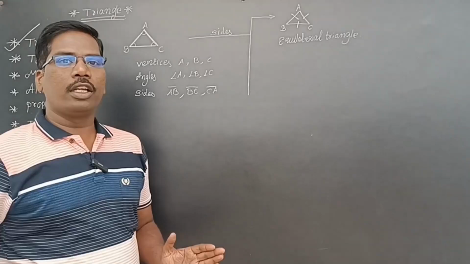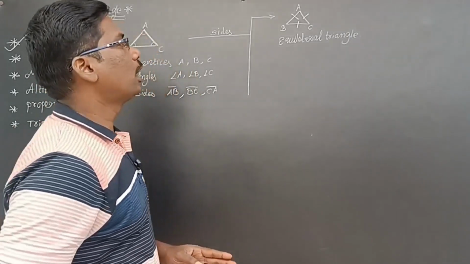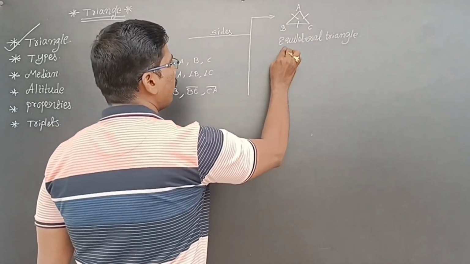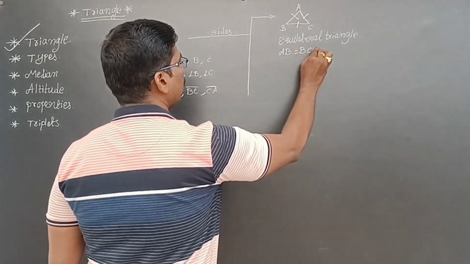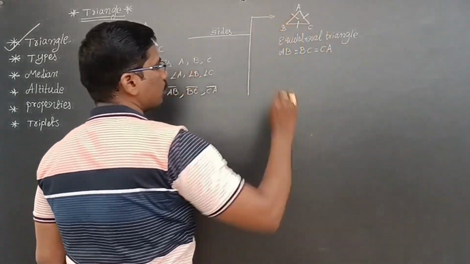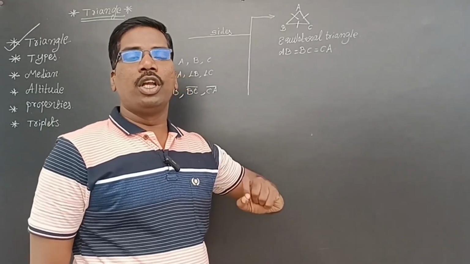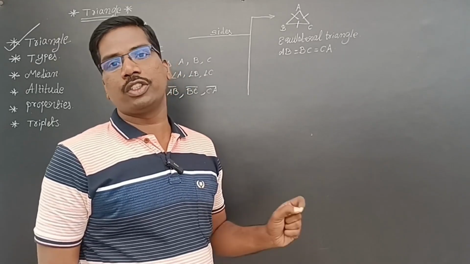All sides are equal means AB is equal to BC is equal to CA. So if one side is some length, the remaining 2 sides will be the same length.